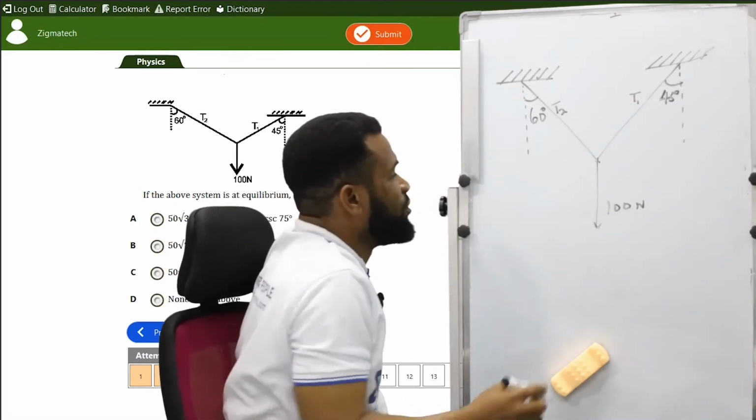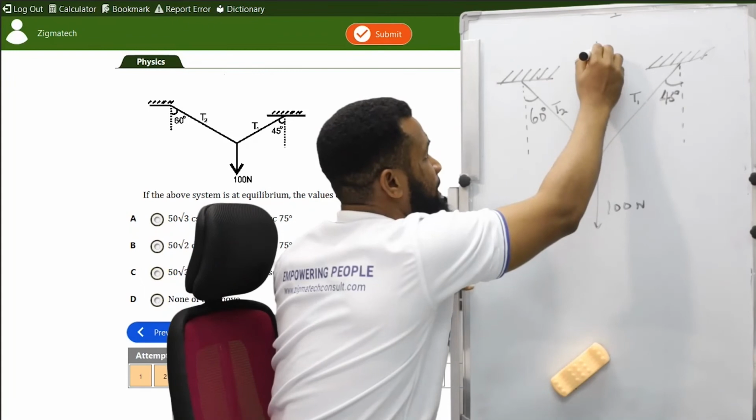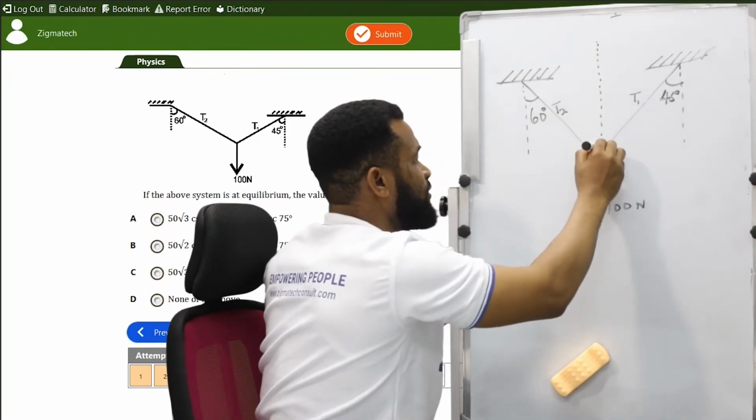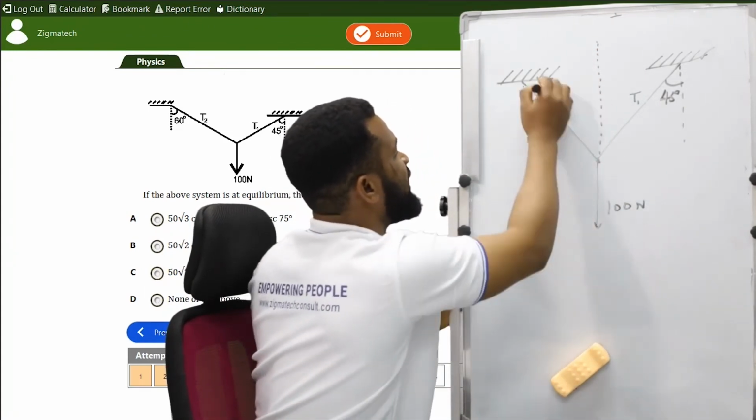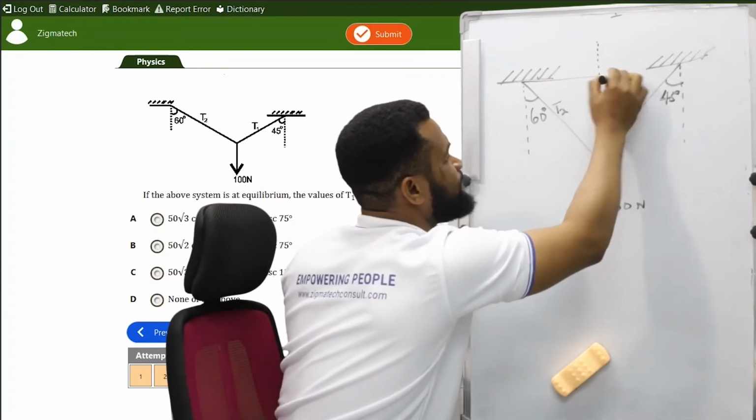All right, so this is the line of force. This is the line of force of 100 Newton, and let me complete this one.